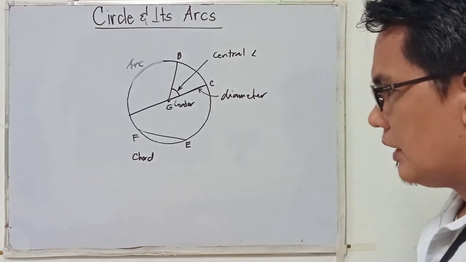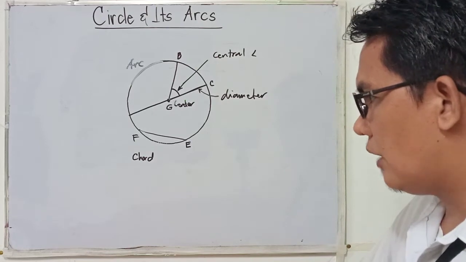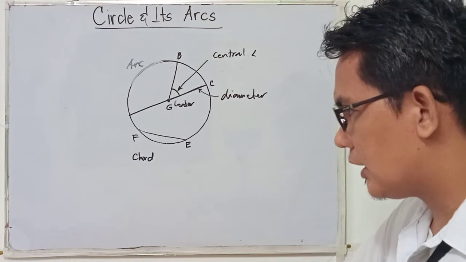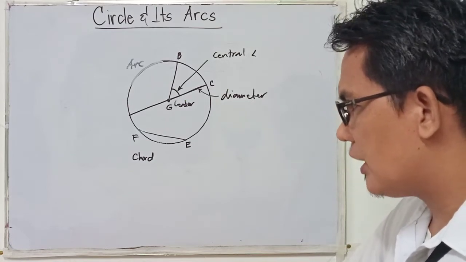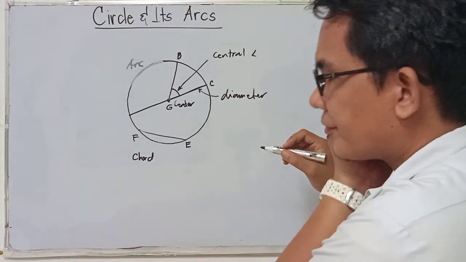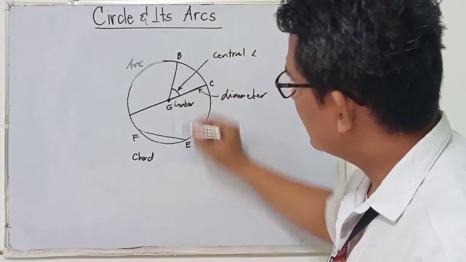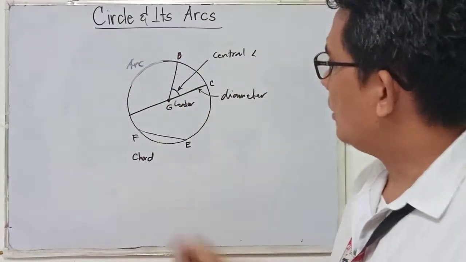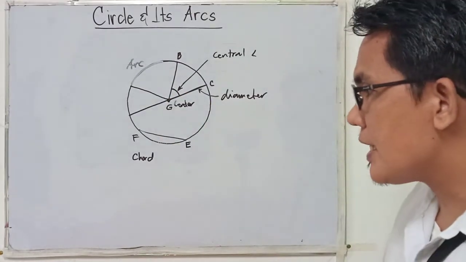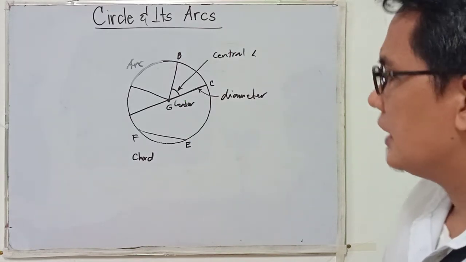Next, a segment formed from the center to any point of the circle. If we form a segment from the center to any point on the circle, say for example this one here, from your grade 7 or elementary lesson, that is called the radius.